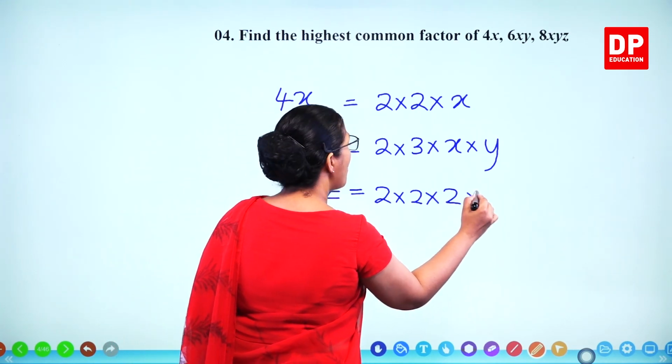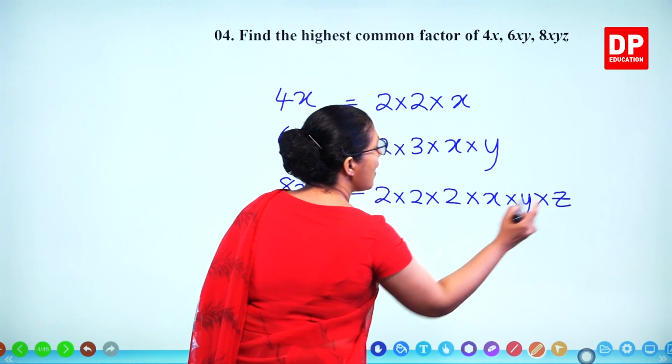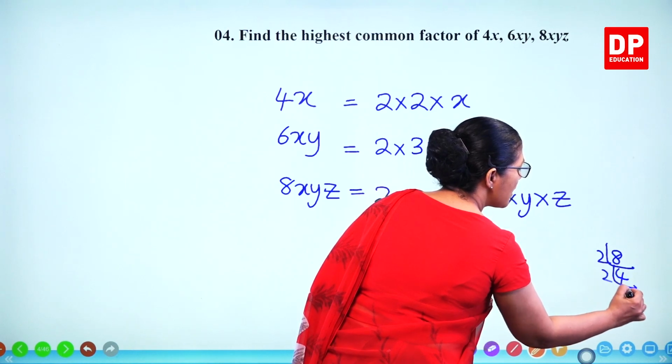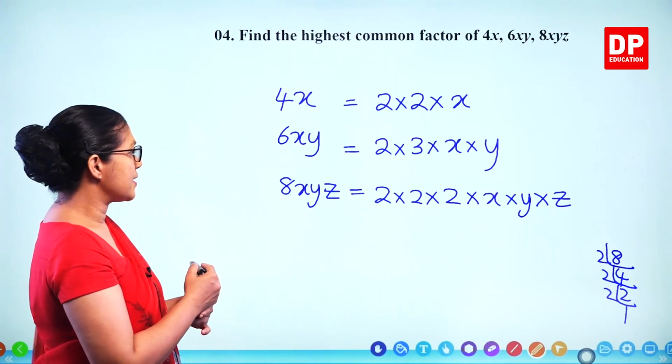You can divide 8 by 2, divide by 2 again, divide by 2. Something like that to find out the prime factors.